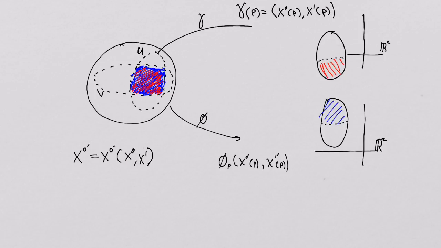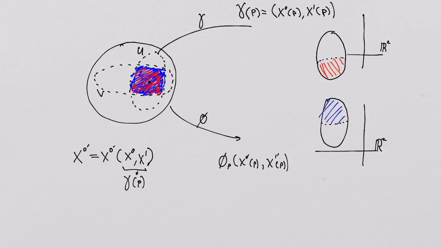So this ordered pair is connected to gamma of the point P in the manifold, right? Some point P in the manifold in the intersection of U and V. P has to be in here somewhere. So that's what this is.